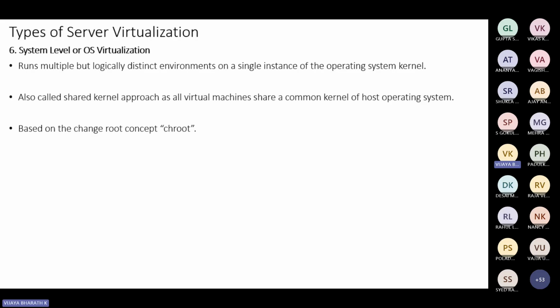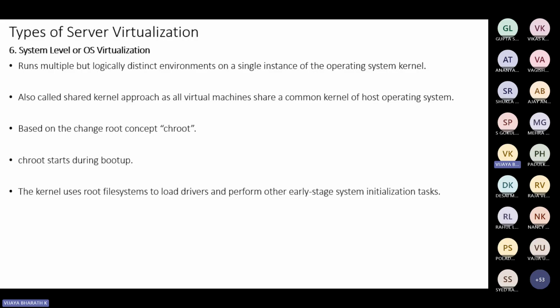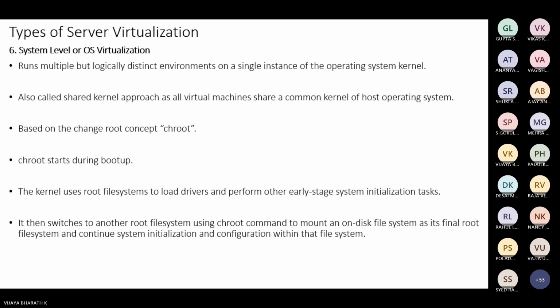It is based on the change root concept. Change root will start during boot up, and the kernel uses the root file system to load device drivers and perform other early stage system initialization tasks for those virtual machines.